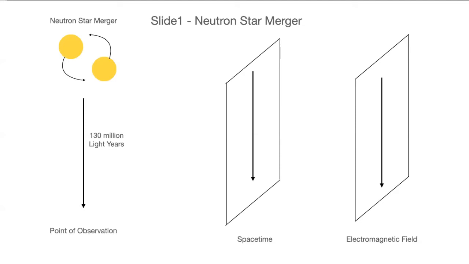And remembering that these waves have come over a distance of, in this case, 130 million light years, that means that the waves have come through expanding space, which has been expanding at about 1% of the speed of light.